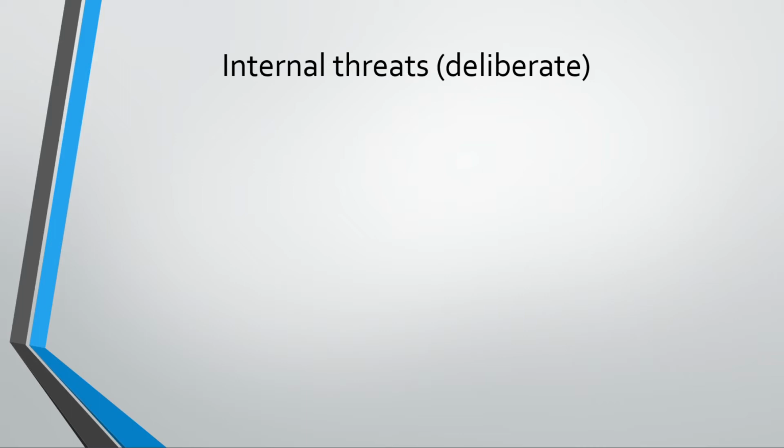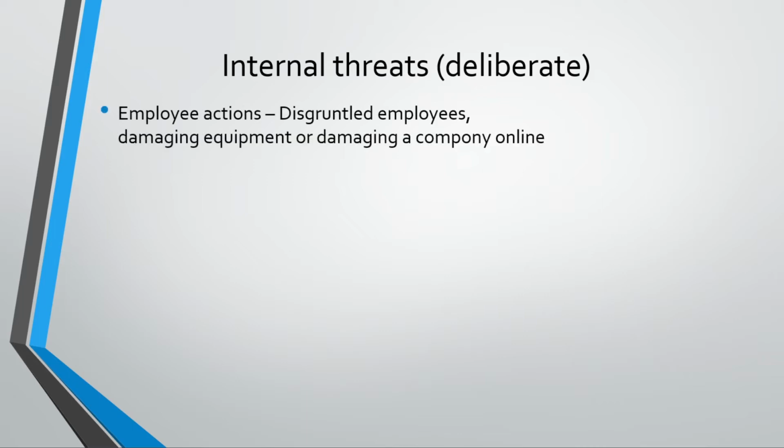So internal threats that are deliberate. With internal threats, a lot of employees that work for an organisation or a company can become disgruntled. Maybe it's because they're going to be made redundant, maybe because they're not getting paid enough, or simply they don't like the management they work for. They can start going around damaging equipment, or the company.